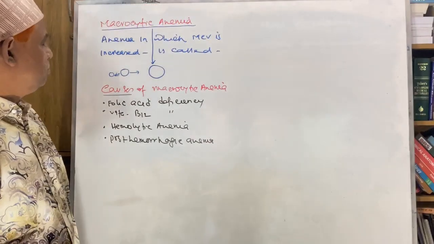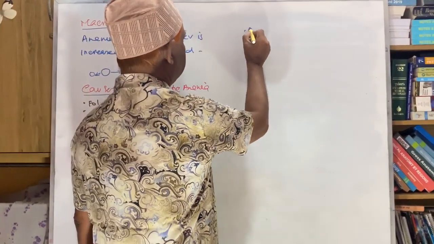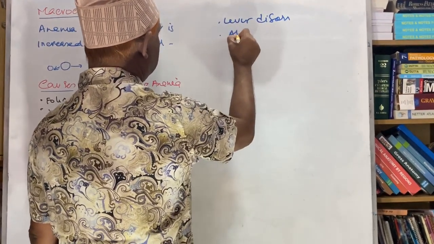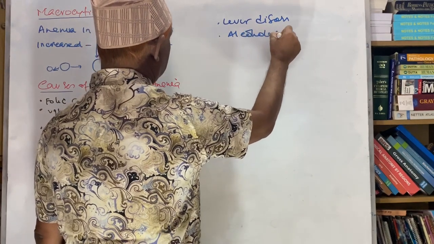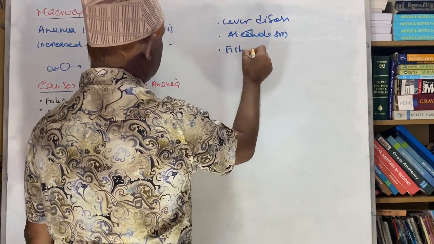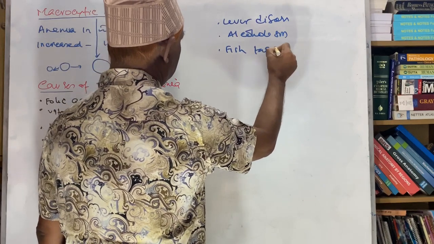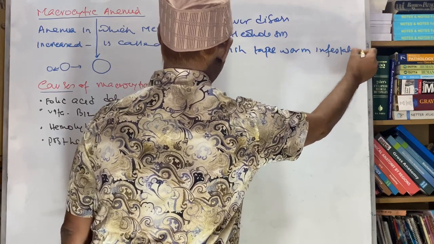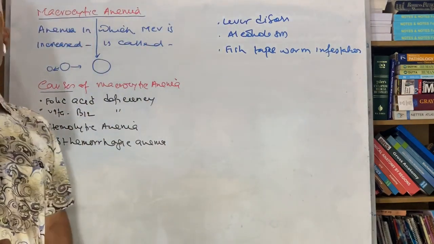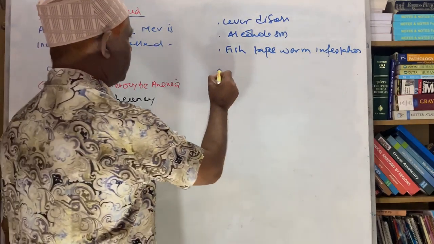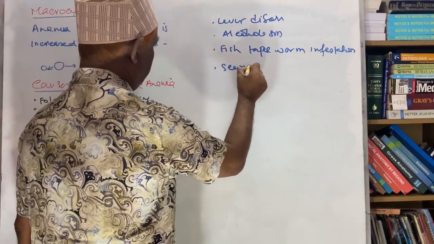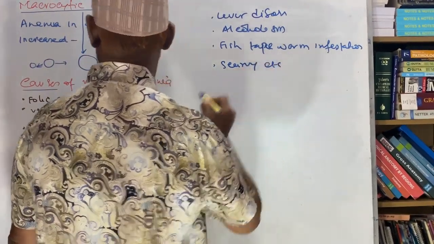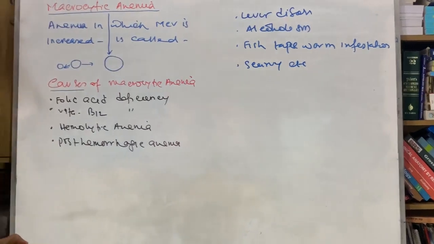Other causes of macrocytic anemia are liver disease, alcoholism, fish tapeworm infestation, and also scurvy, that is a vitamin C deficiency related disease, etc. So these are the different important causes of macrocytic anemia.